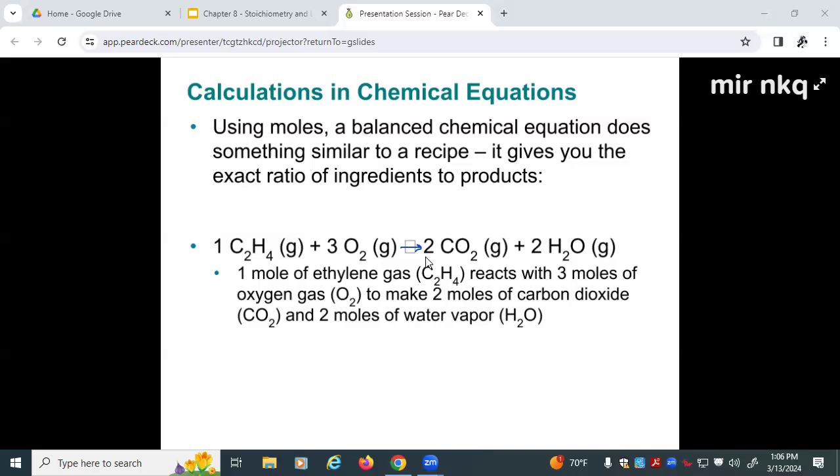Now, does this mean that I have to have 1 mole of ethylene in order to run this reaction? No. But if I change that 1 mole into something else, I would need to change all of the other amounts proportionally.